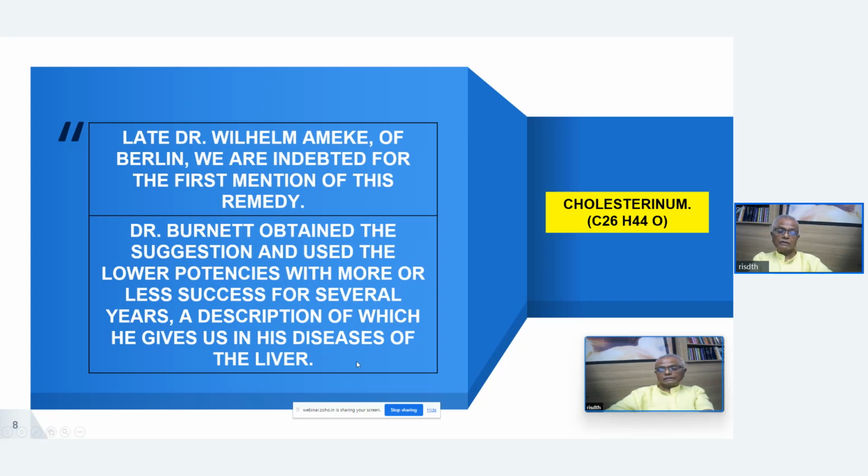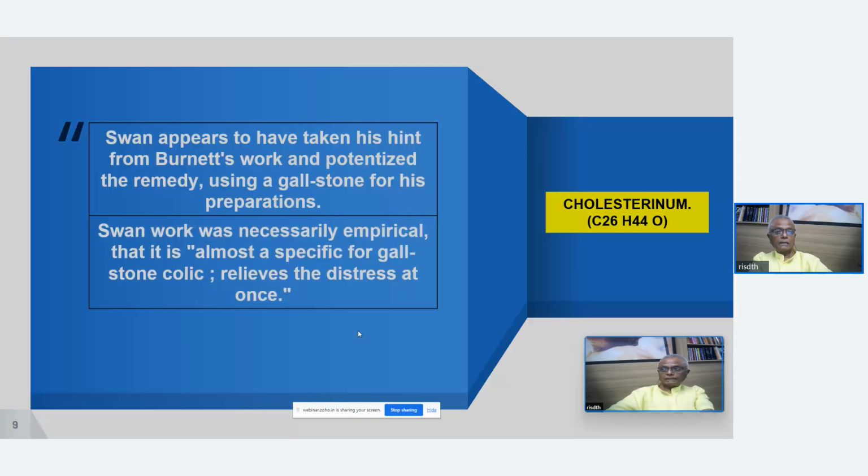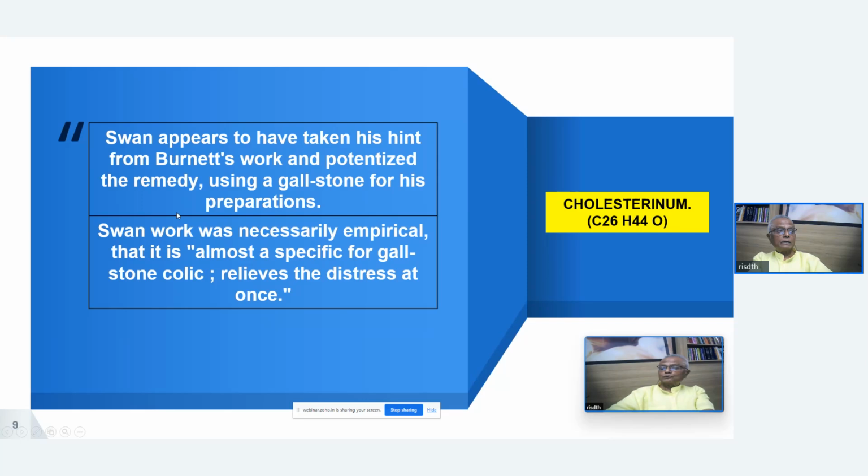So in Burnett's work on diseases of the liver, you can read about the usefulness of this material. Then Swan, another scientist, appears to have taken hints from Dr. Burnett's work and potentized the remedy using the gallstone for its preparation.